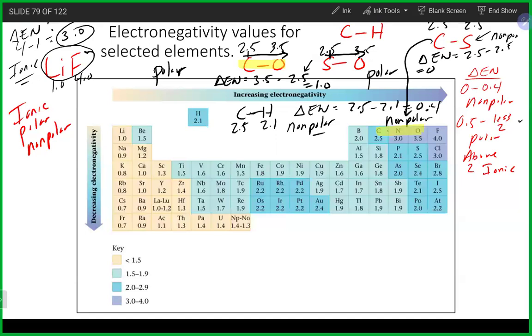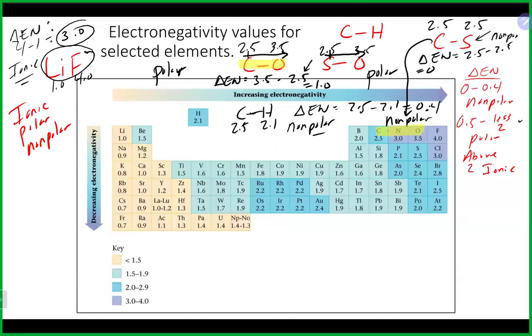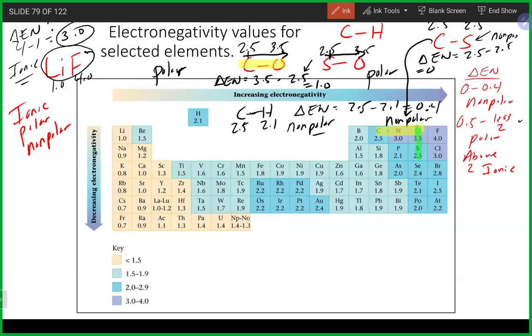By the way, if we look at sulfur and oxygen, which is another one here, they're actually in the same group on the periodic table. Oxygen is further up than sulfur, which means oxygen should be more electronegative and will create a polar bond. So if you're comparing something that's in the same row on the periodic table or the same group on the periodic table, you really don't even need the values.